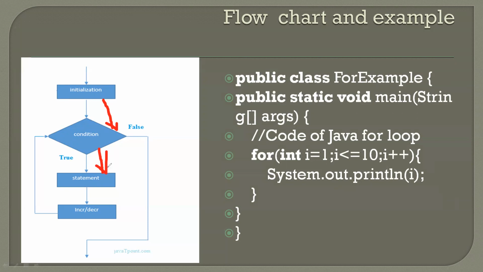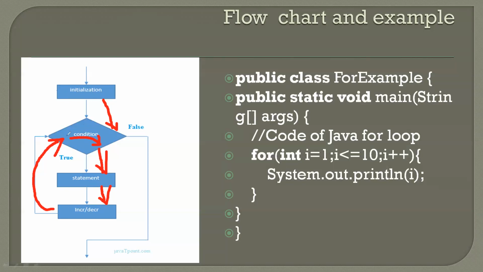After executing the statements, we increment or decrement. After incrementing or decrementing, we check the condition again, and if it is true, it will go to the statements again, and after executing the statements, it will increment or decrement. Again, we will check the condition. This will repeat.